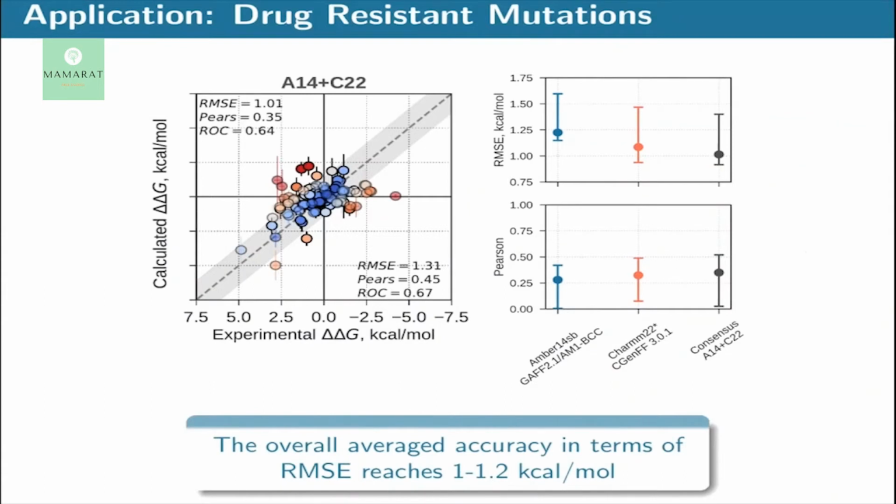And in this case again we see that the consensus approach between Amber 14 force field and Charmm 22 star gives an agreement with the experiment which reaches about 1.2 kilocalories per mole of difference from the experimentally measured free energy differences.